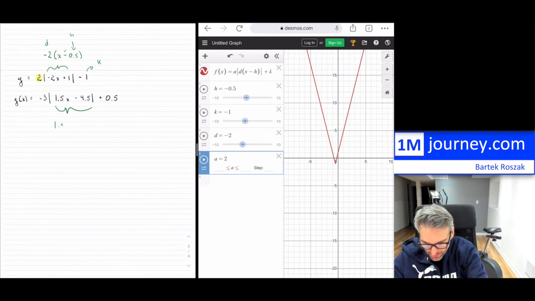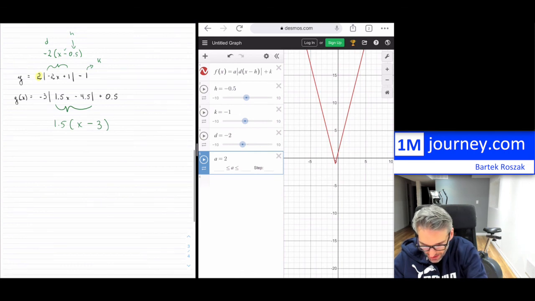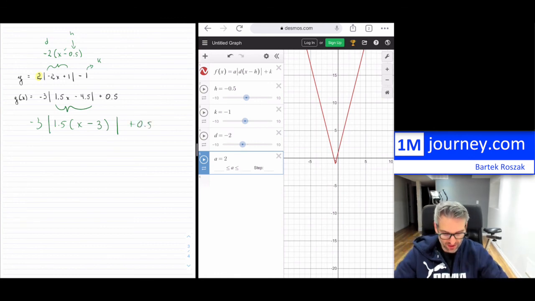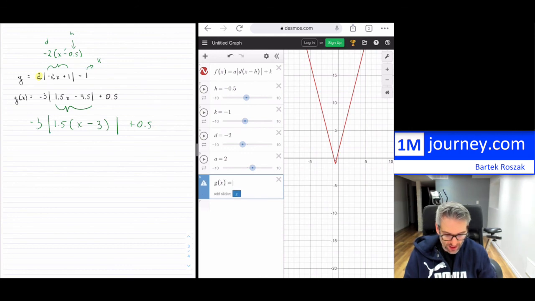So we have 1.5. Let me factor that out so it looks in the form that we need. So negative, I guess this is going to be 3? And so that's going to be that. So this is -3 plus 0.5. Maybe what I'll do is I'll put an extra one in here. Okay, let's create a new one.